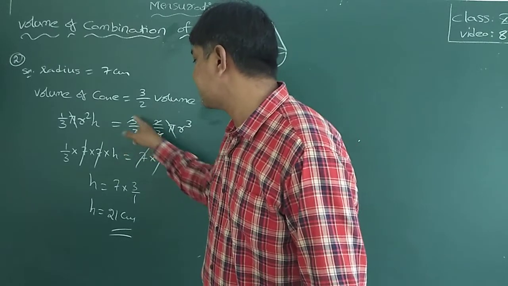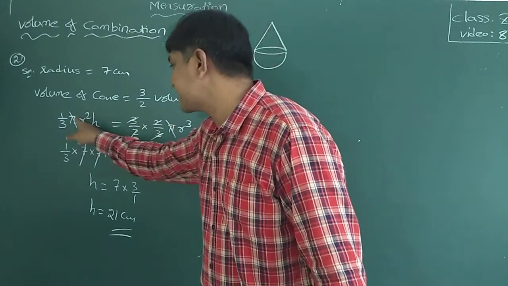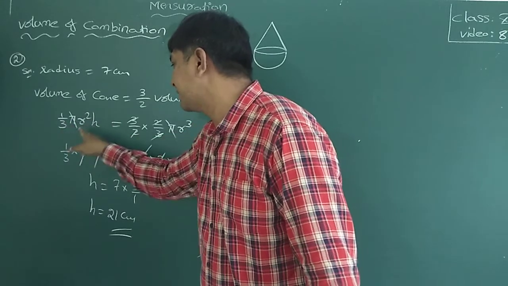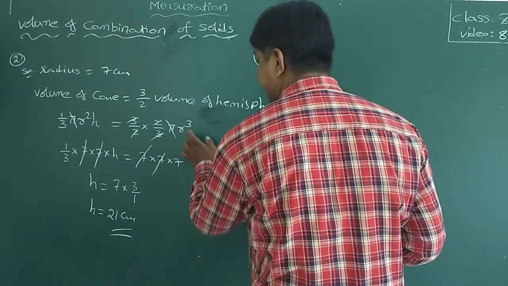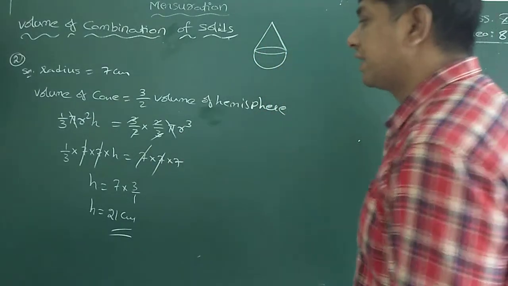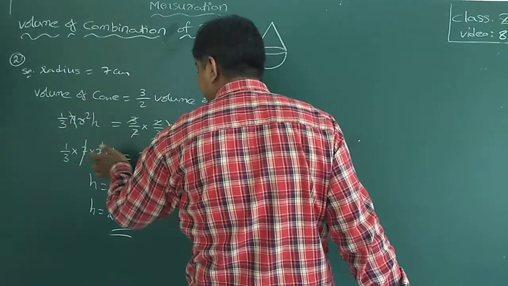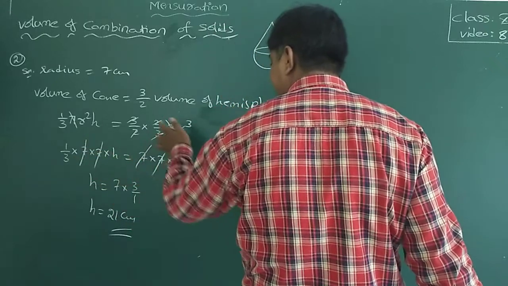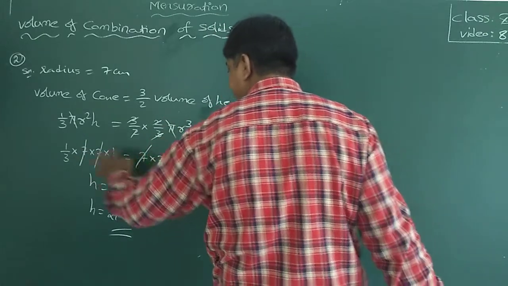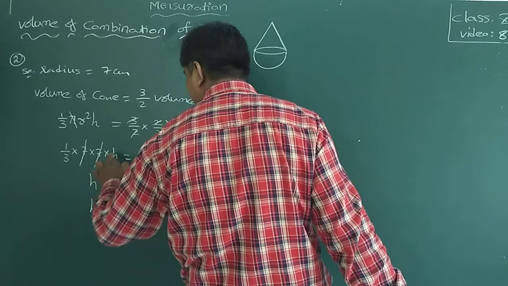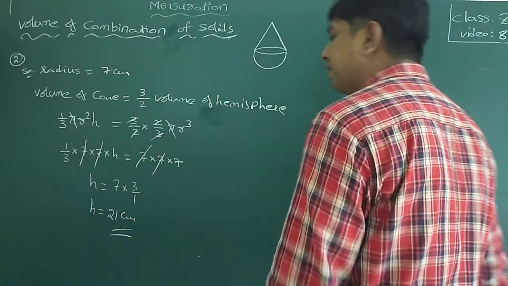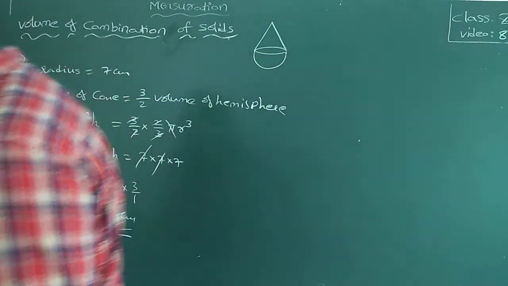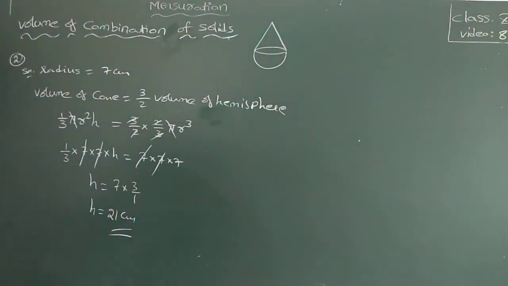Now 2 cancel, 3 cancel, pi cancels. Left over is 1 by 3 r square into h is equal to r cube. Now r square is 7, so 7 into h by 3 is equal to 7 into 7 into 7. These 2 sevens cancel. 1 by 3 into h is equal to 7, so h is equal to 7 into 3, that is 21 centimeters.